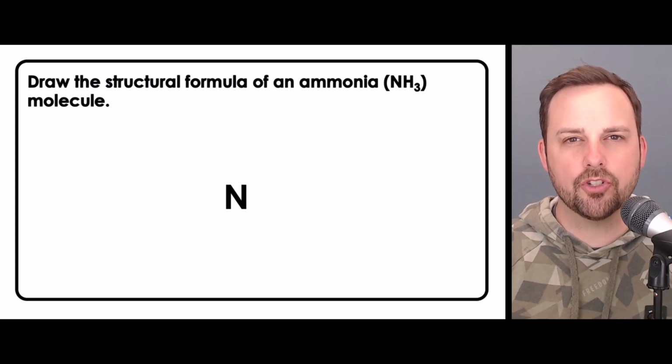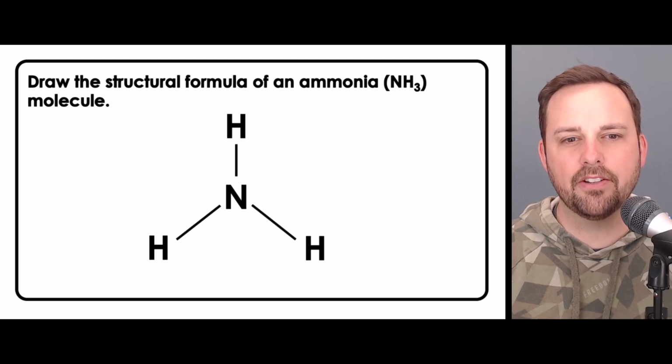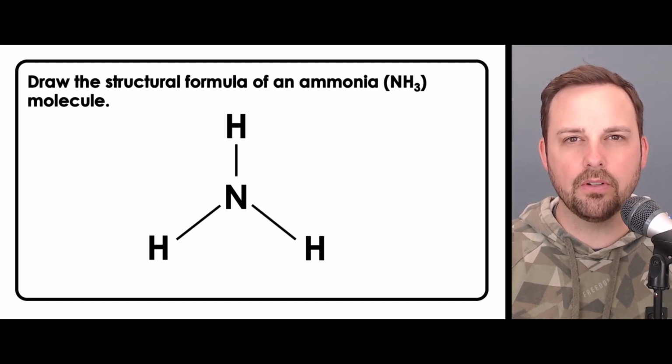Then we need to distribute the three hydrogen atoms around that central atom. So we'll draw our three hydrogen atoms, and then we need to connect those hydrogen atoms to the nitrogen atom by a single line, which represents these single bonds, just a single shared pair of electrons between the atoms.